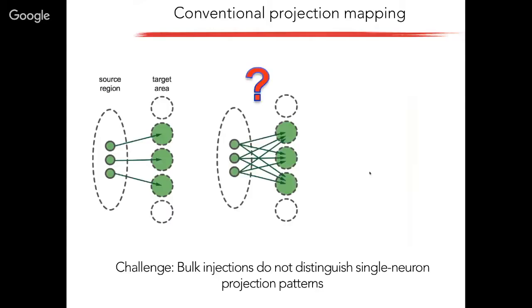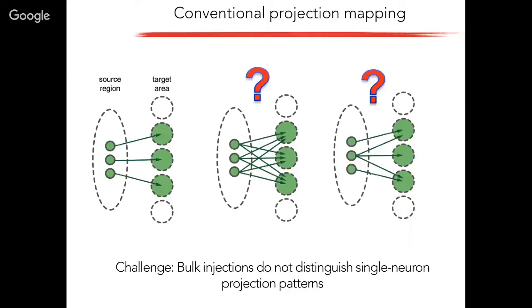Could also be, instead of a one-to-one mapping, an all-to-all projection mapping, or the brain being the brain. Most likely it's complicated, and that complexity actually is important to understanding what's going on. And that's the complexity that is missing when we use these kinds of bulk injections.